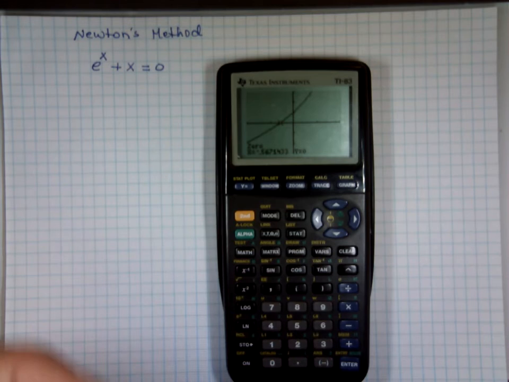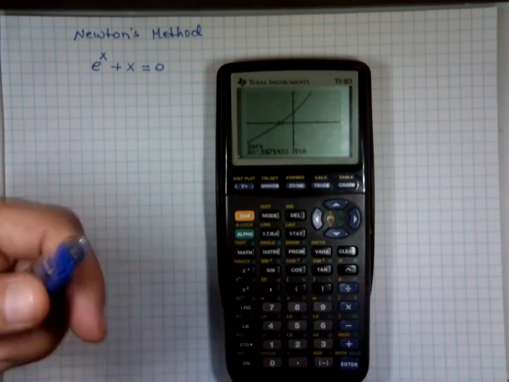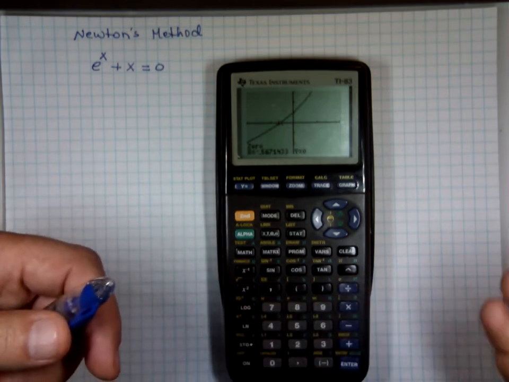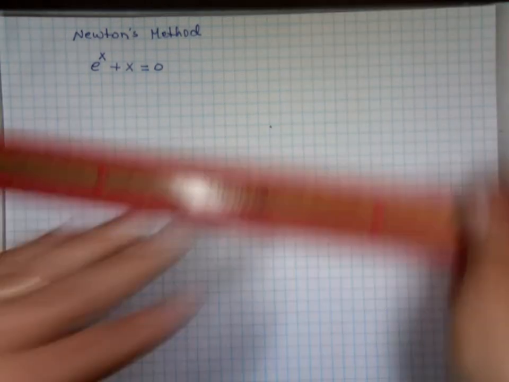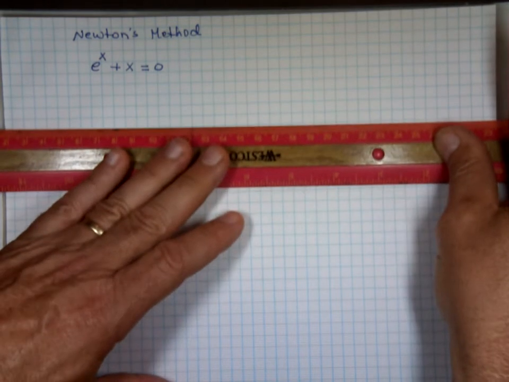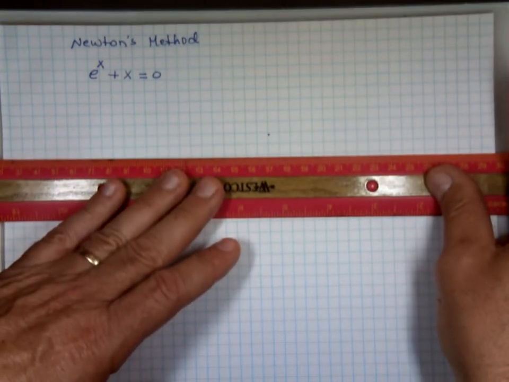Basically what Newton's method is, pick any number, assume that's the answer. So you make a table, and it looks like this. I'll leave some space.